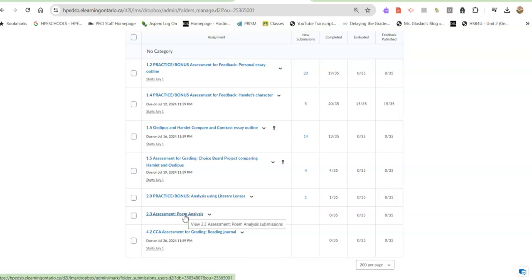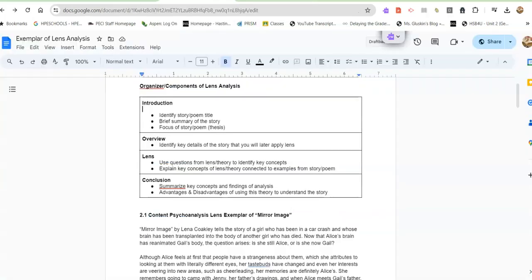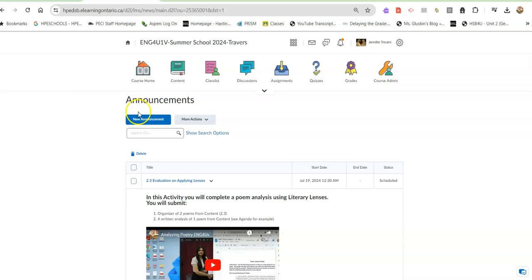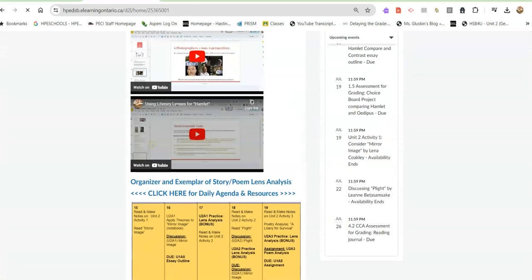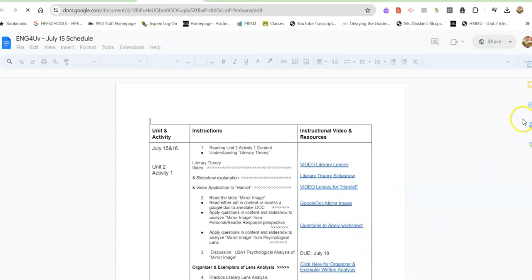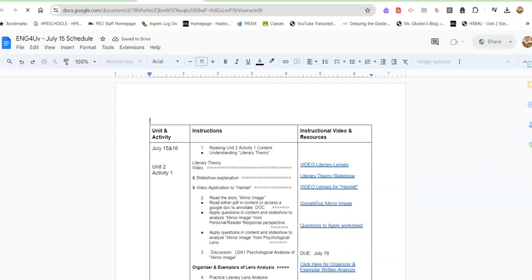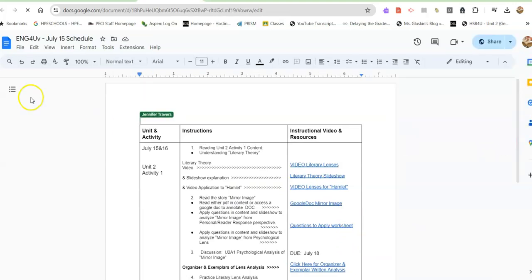I hope just by going through there, I've explained what this document is and where you can find it. If I go to the course home, I've updated it here, and I've also put it in the daily agenda so that you can see the organizer in which to write an analysis using literary lenses.